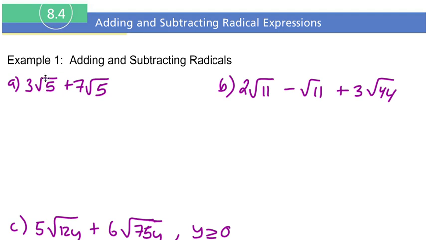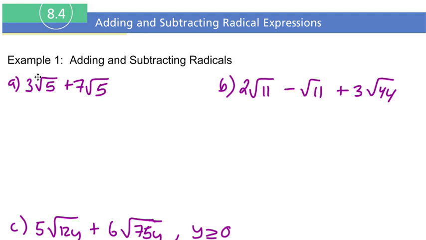And what's underneath the radical, what we call the radicand, must also be exactly the same if we're going to add or subtract two radicals.